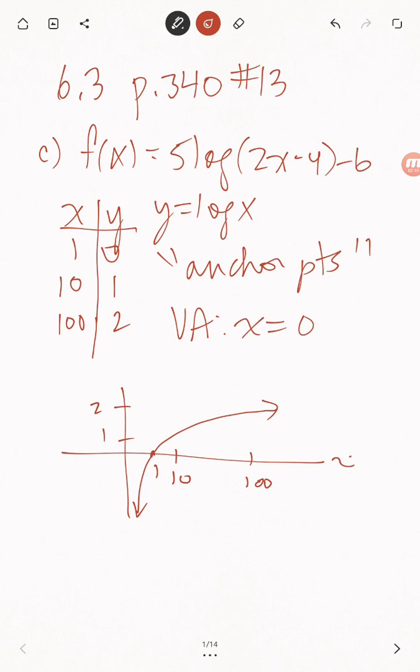So this is just a sketch, obviously. Okay, and so that's what our basic y equals log x looks like.